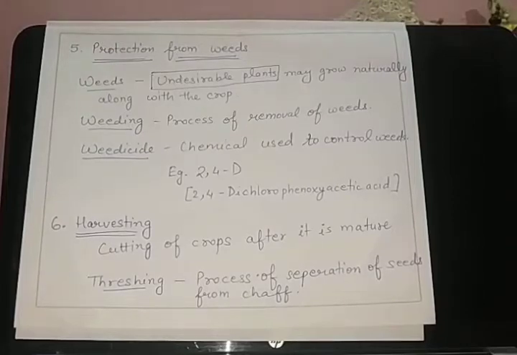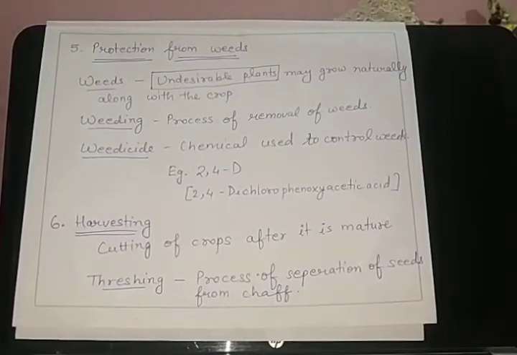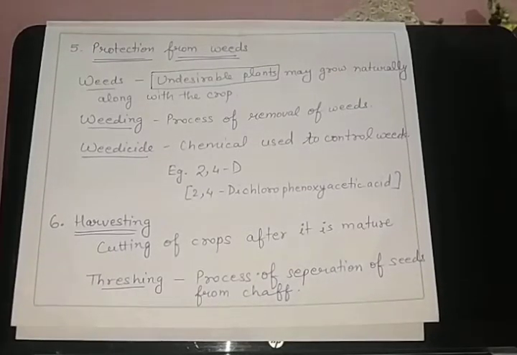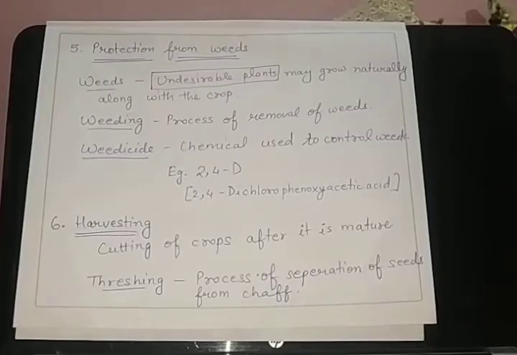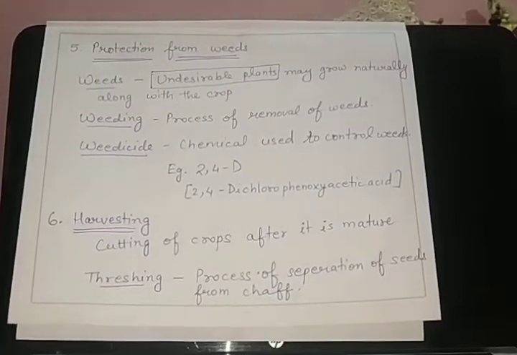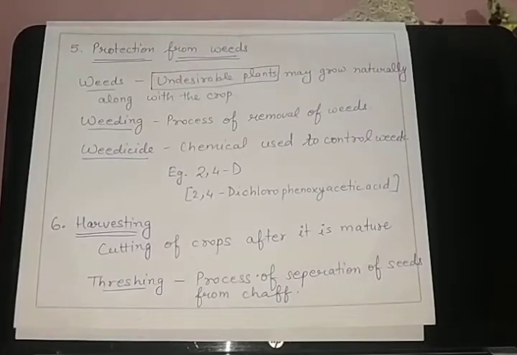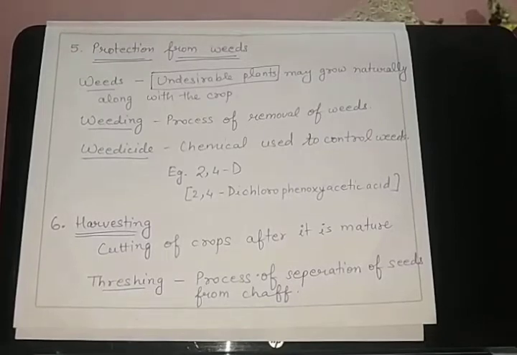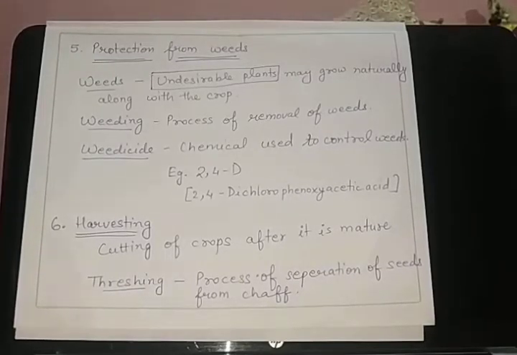First, you can take out the weeds by hand, just picking out the unwanted plants from the field. It can be done by khurpi, seed drill also, and one very important method, the chemical method, by which you spray the chemical in the field and the weeds are killed.